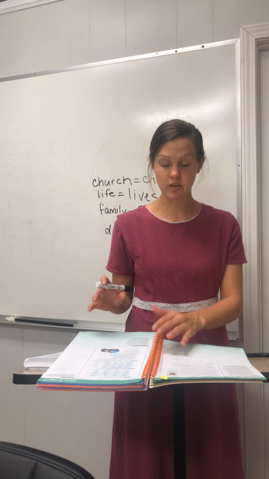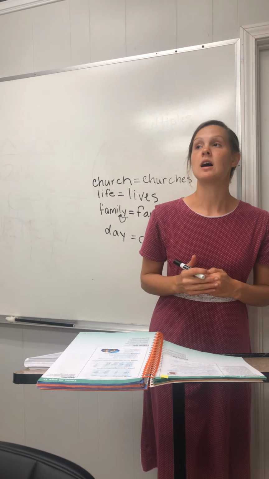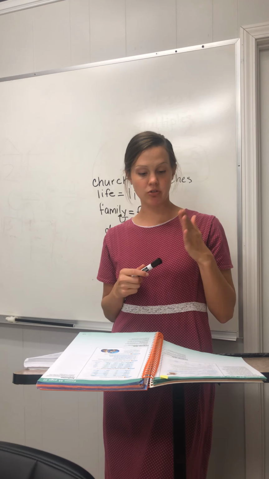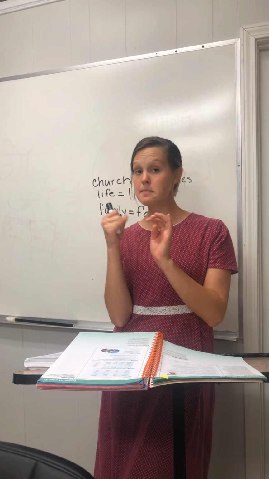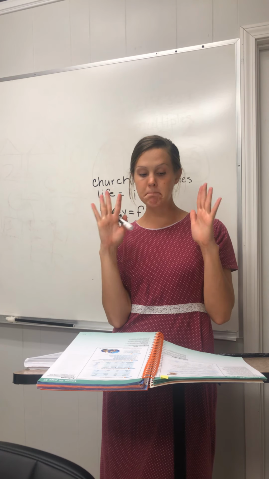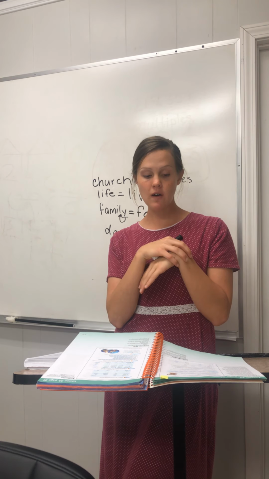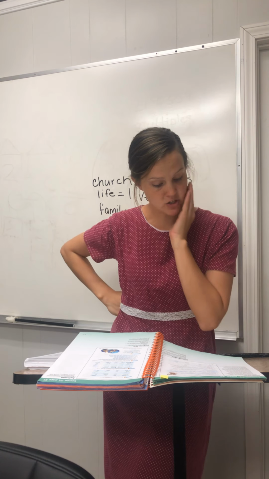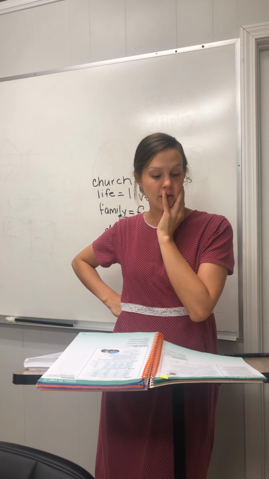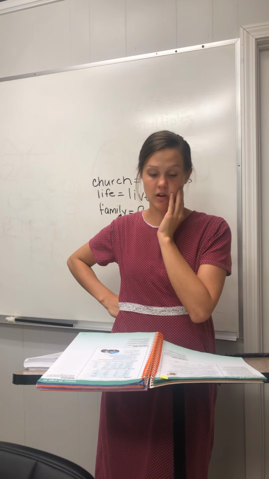Now let's just go over each individual thing so you know what to do. It says circle all of the singular nouns. So singular again means one, just one. And then draw a box around all of the plural nouns. So I'm at the top of page 36, so make a box around all the plural nouns and a circle around all the singular nouns.